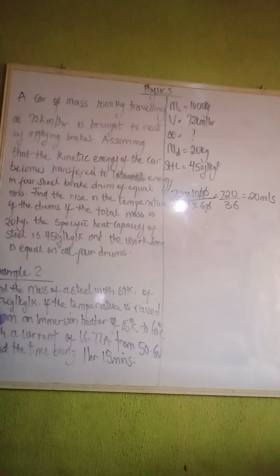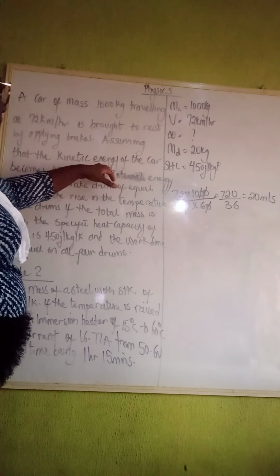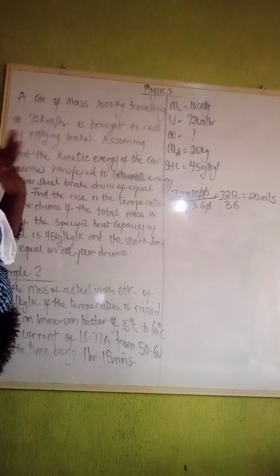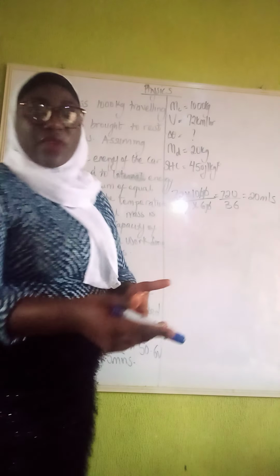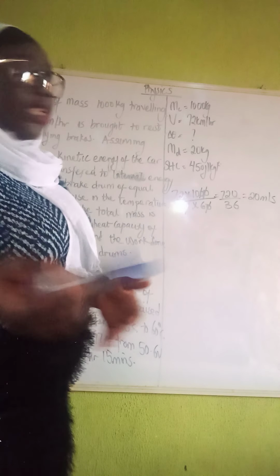Now that we've calculated our velocity as 20 meters per second, what next? Remember that here we're told that the kinetic energy is transferred to the internal energy. Now the kinetic energy is transferred to our heat energy, which is mc change in theta.